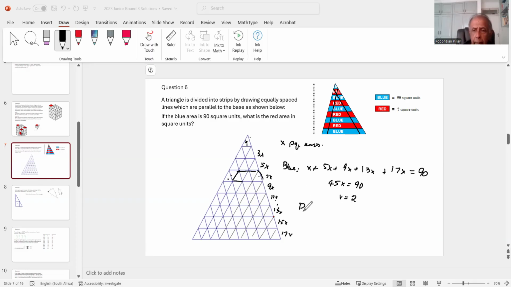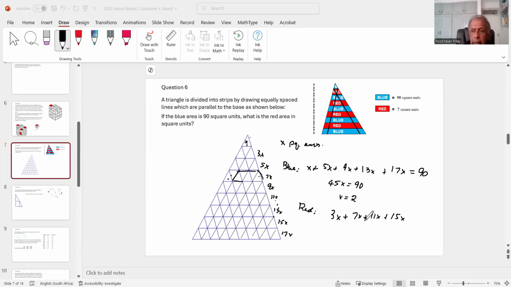And the reds. The reds have to start with the second row, so that's 3x, and keep adding 4x. Right? So there are 4 reds here, you can see, and I've got 4 numbers here.